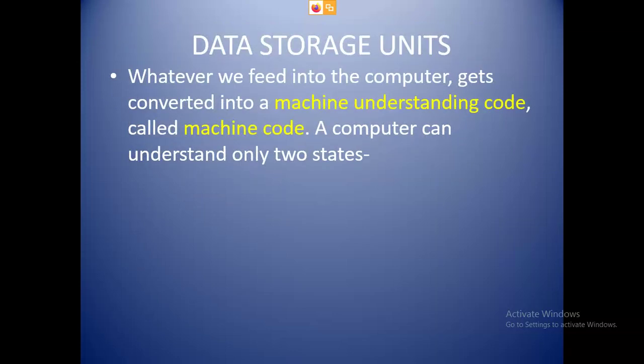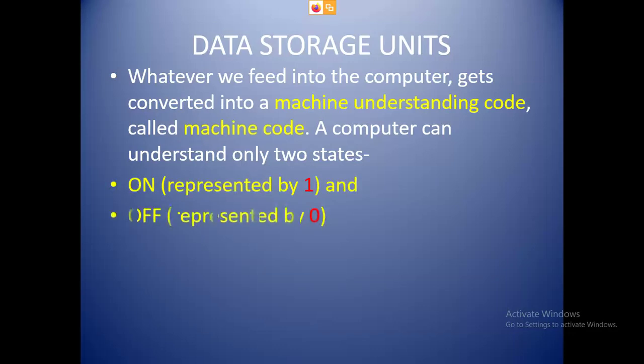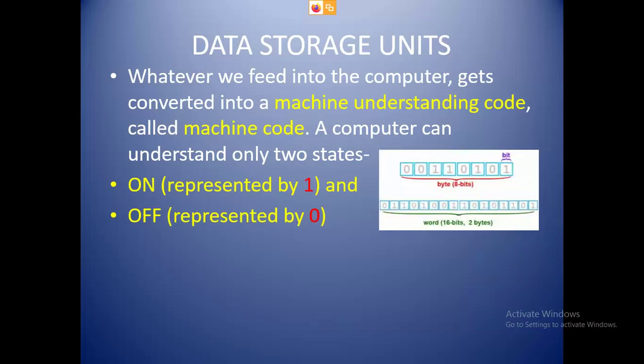Data storage units. What is data storage? Whatever we feed the computer gets converted into machine-understandable code called machine code. A computer understands only 2 states: one is on and one is off. On is represented by 1 and off is represented by 0.